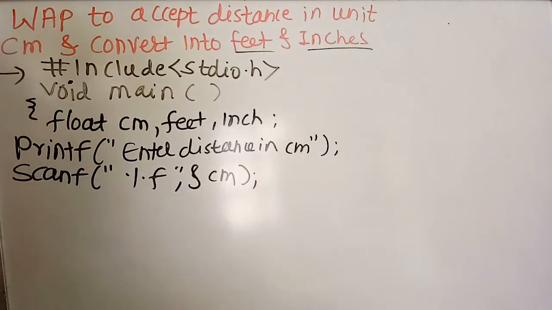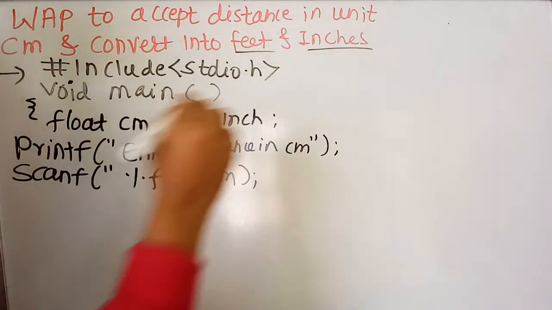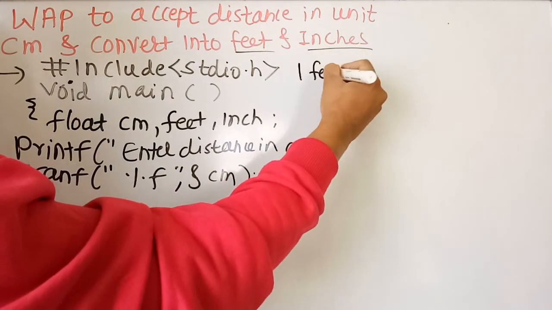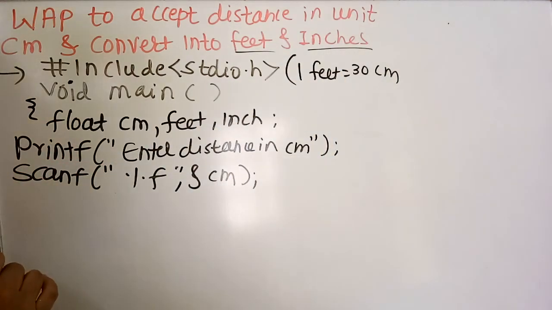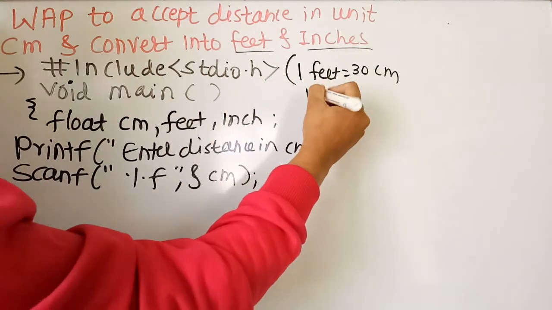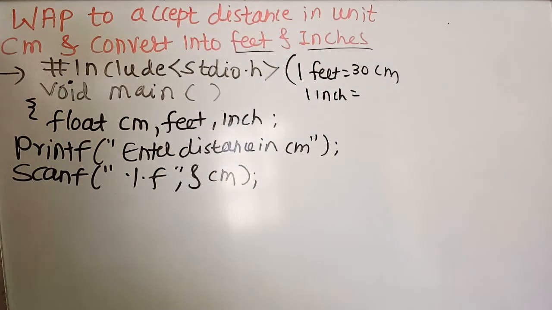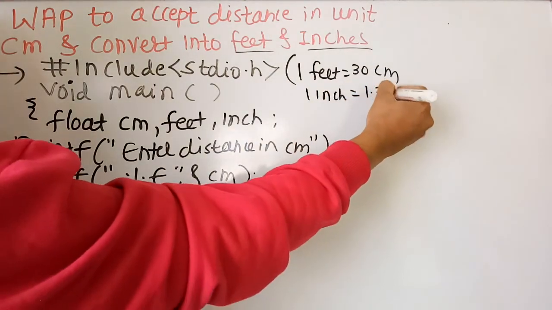Now, for converting centimeters to feet and inches, there is one mechanism, that is 1 foot equals 30 centimeters and 1 inch equals 1.25 centimeters.